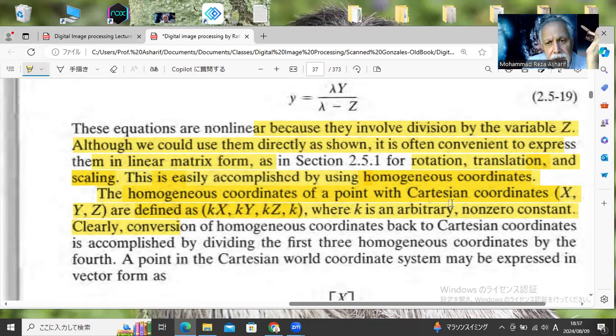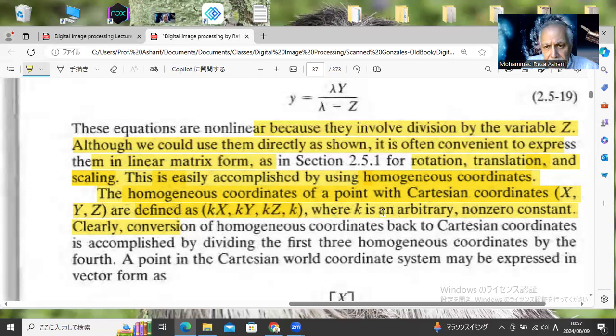Usually Cartesian is x, y, z, three dimensions, but here in homogeneous coordinates we have kx, ky, kz, and k. It is four dimensions. So if each one is divided by the last coordinate, then you will return to x, y, z, the Cartesian coordinate.